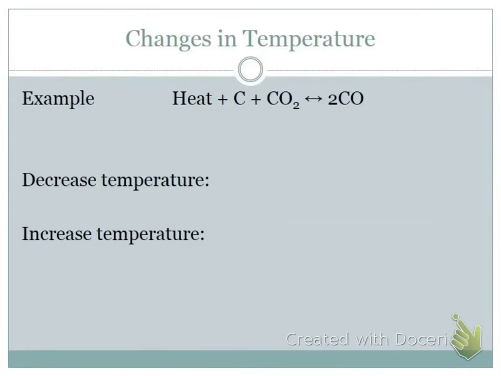In this case, I have heat plus carbon and carbon dioxide making CO. First of all, before we answer any question about temperature, is this endothermic or exothermic? Heat is a reactant, so it's endothermic. So if I were to decrease the temperature, would this reaction shift to the left or to the right? If I decrease temperature, it would shift left.